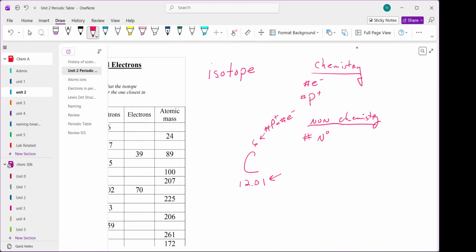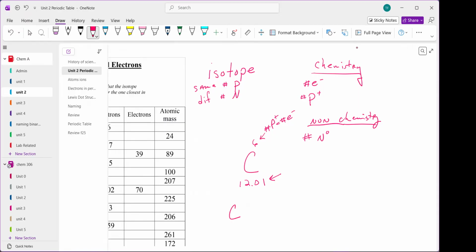So the isotope, we've probably heard this term before. An isotope has the same number of protons, different numbers of neutrons. Let me give you an example.